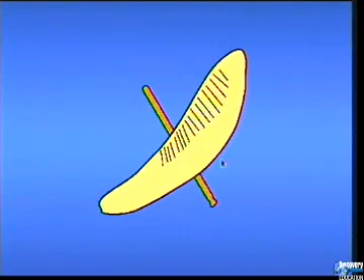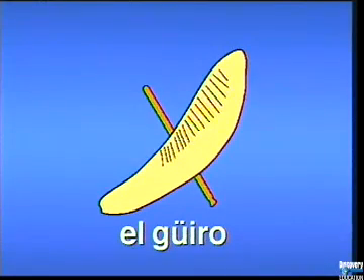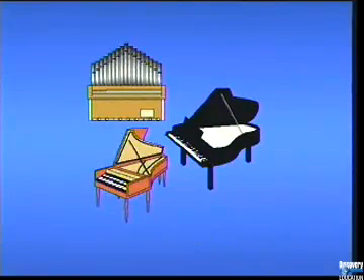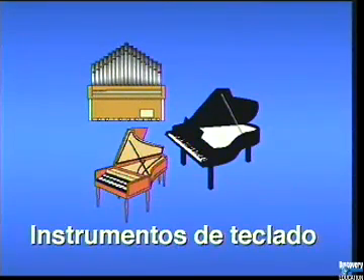And this one that he also showed, that you run the stick back and forth up and down those grooves to make a noise, is called el güiro. This group that we talked about all have keyboards to make music. And keyboard is the key word here. Son instrumentos de teclado.